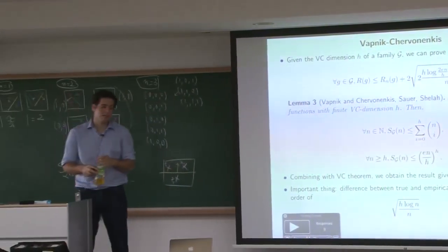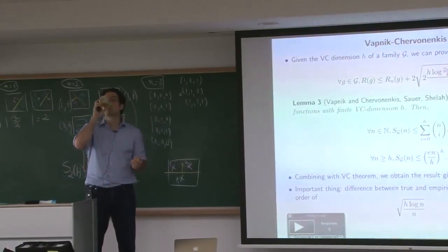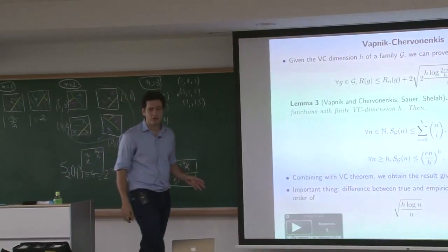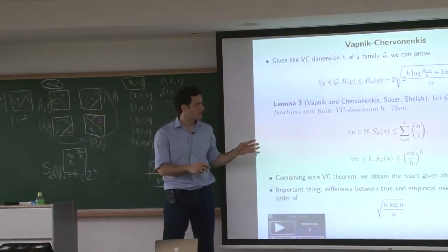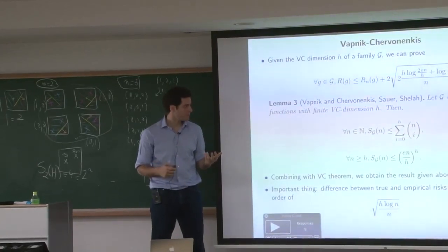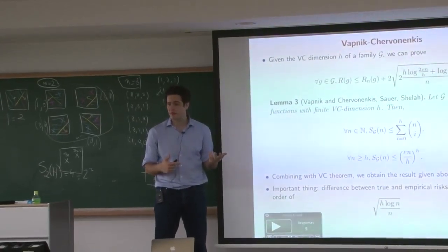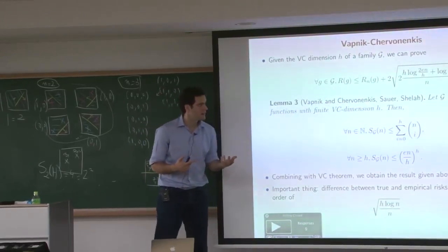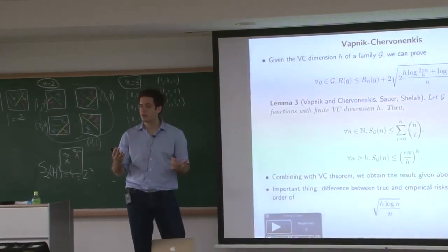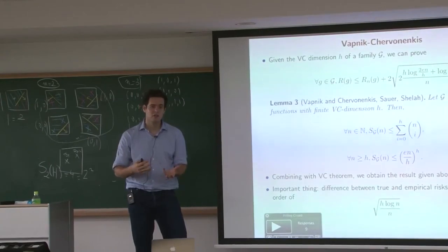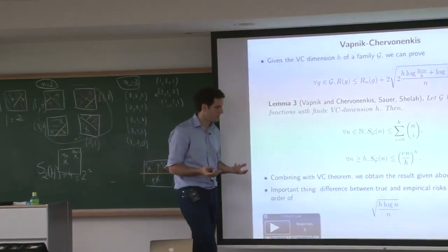So you can say that one of the goals of statistical learning theory is to come up with this kind of bounds. Sometimes they're not so useful in practice, but at least they give you a good guide on why sometimes you should limit yourself to simple function classes, and not use very complicated architectures.